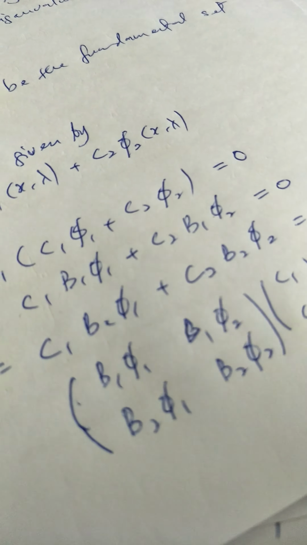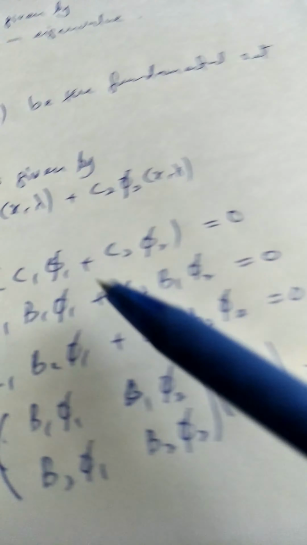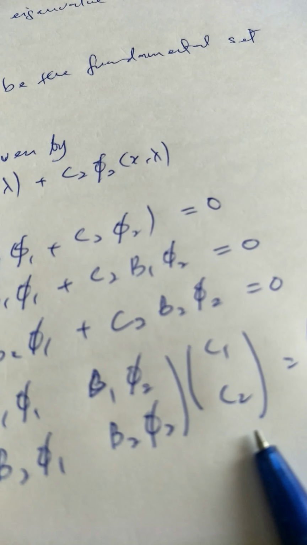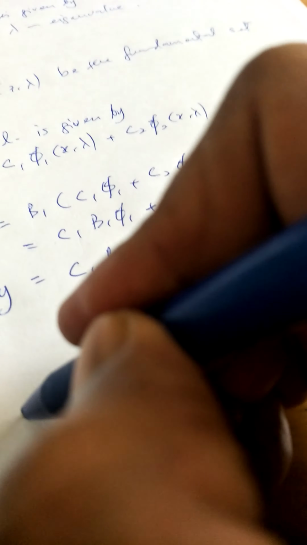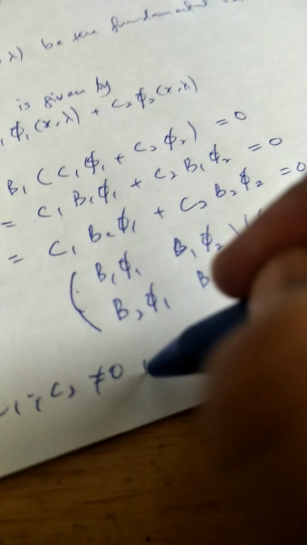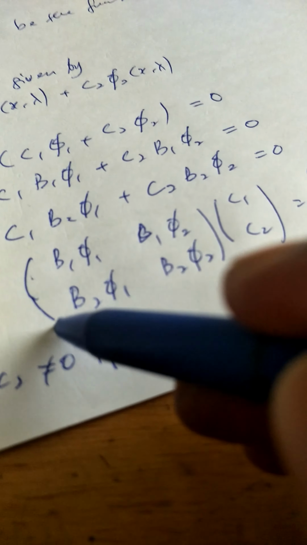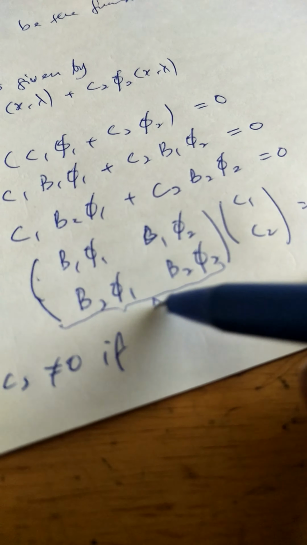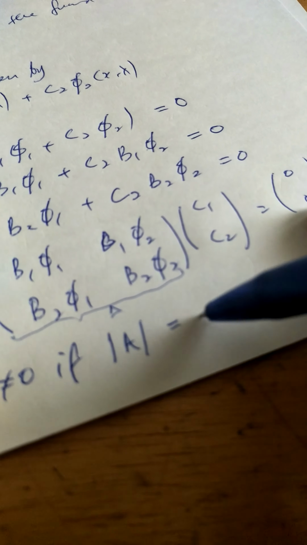Now this system will have a non-trivial solution, which means c1 and c2 are different than 0, if the determinant of that matrix, let's call it A, is 0.